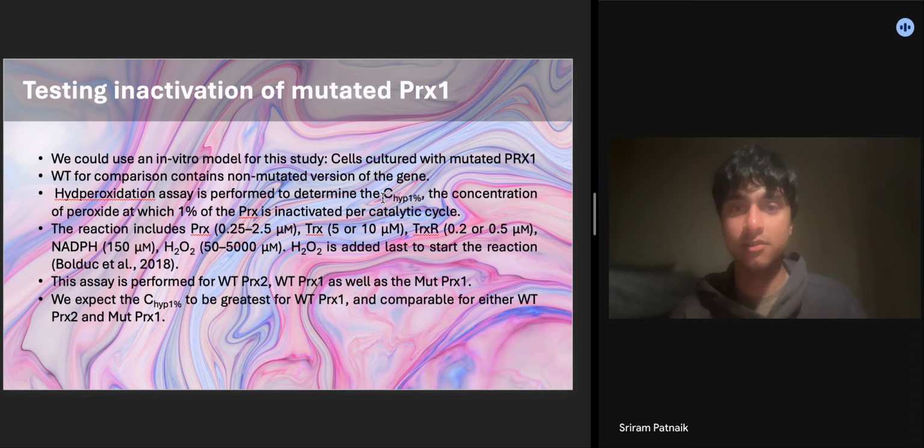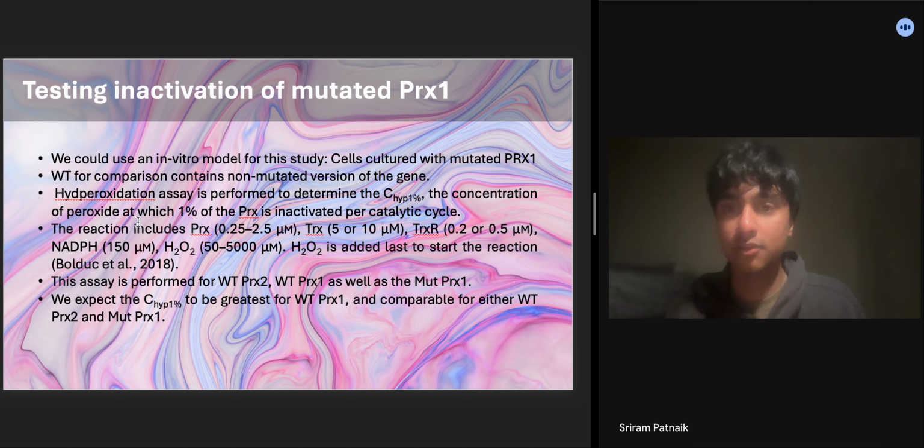So when this value is higher, it means it took a lot of the peroxide to inactivate a little bit of the enzyme.